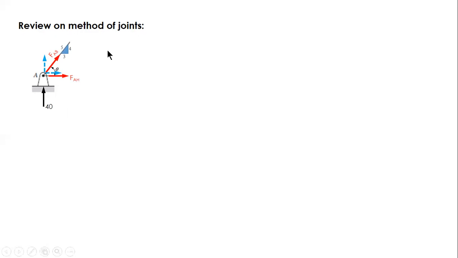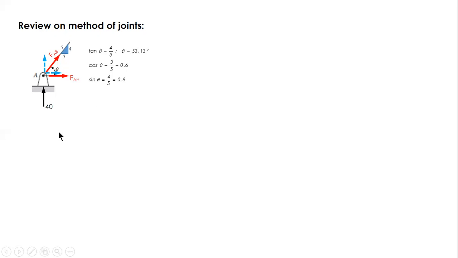If you want to solve for theta, just make use of the triangle. Since the given is 4 and 3, you can use tangent. Tangent theta is 4 over 3, and theta is 53.13 degrees. If you use cosine, which is adjacent over hypotenuse, or 3 over 5, you have 0.6, and sine theta is 4 over 5, or 0.8.